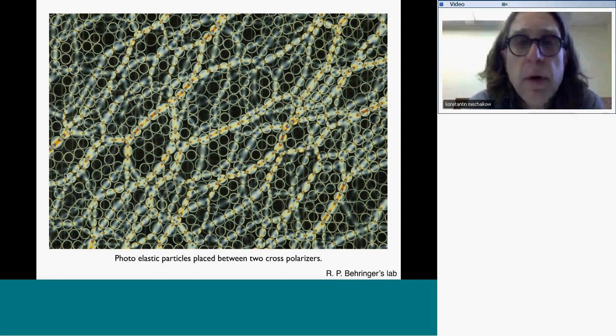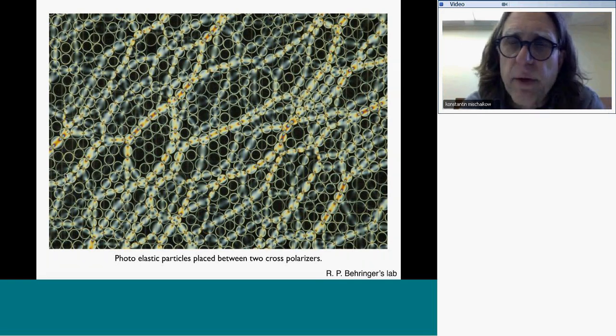It becomes an inverse problem to look at each disk, to look at the color rings on it, and to decide exactly how much force is being put on these disks. I really should be saying disks rather than beads. That's what Bob Behringer's group does.